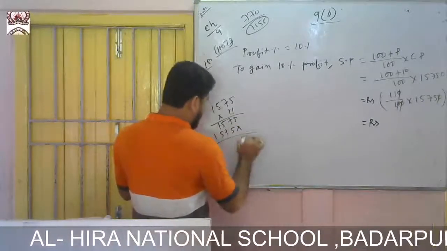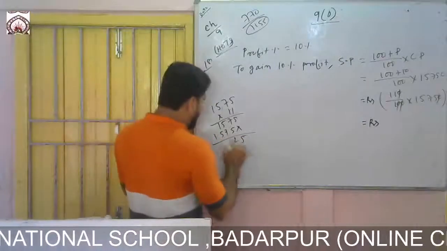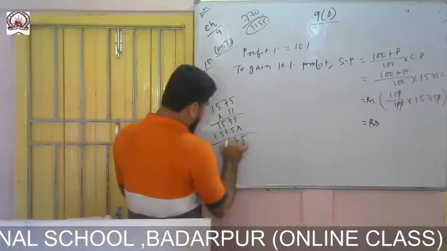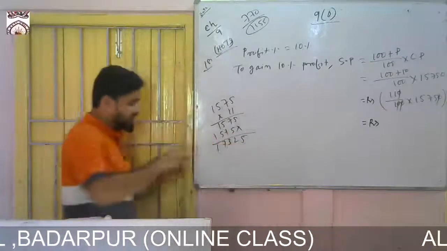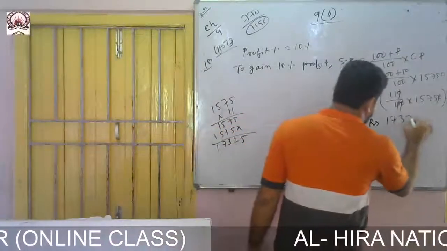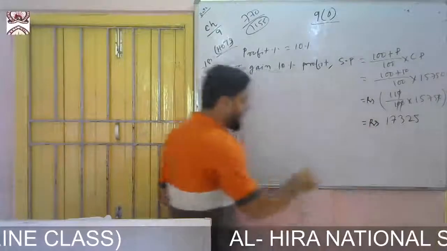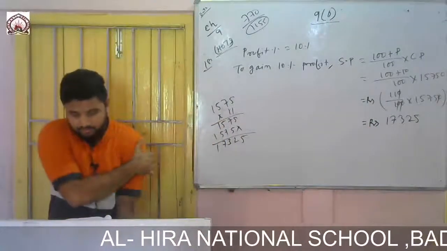Add it: 5, 12, 13, 7, 1. 17325. It will be rupees 17325. Okay? Rupees 17325.